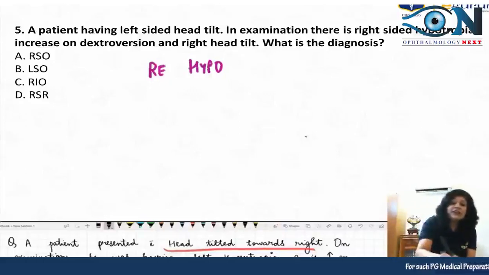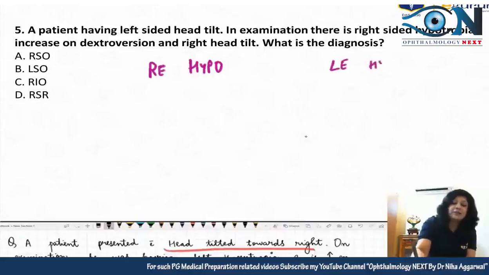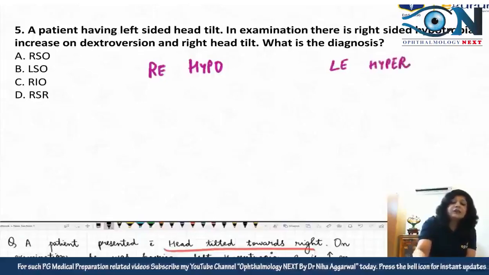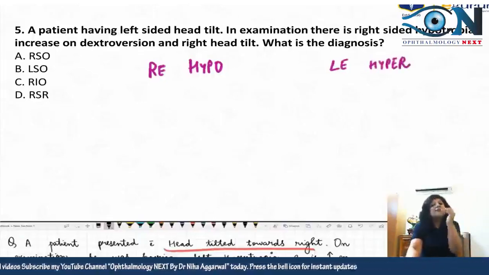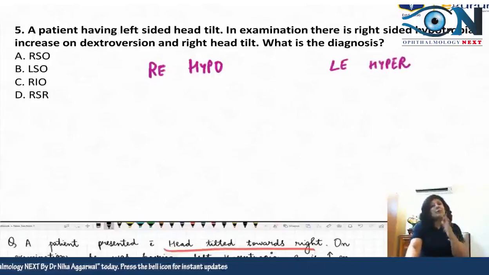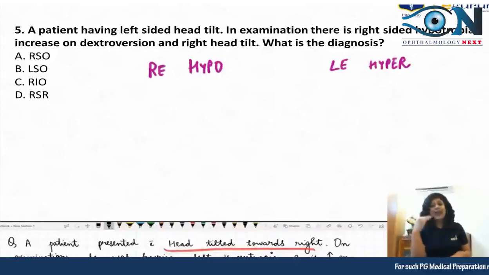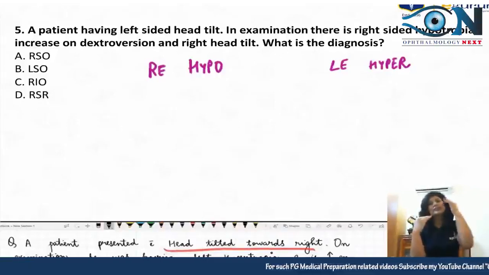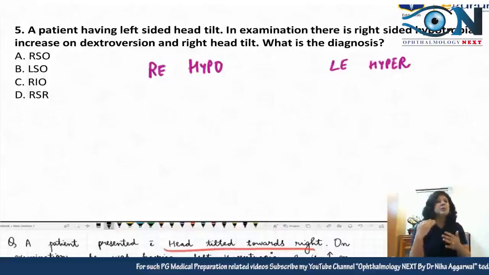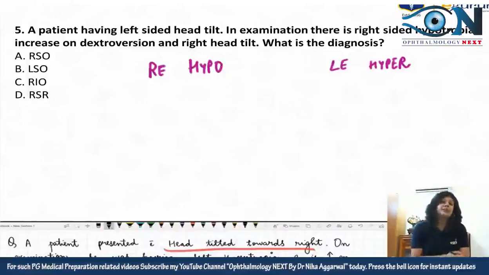Because even if we have the right eye hypotropia, I told you that we usually analyze and do the working on the patient with respect to hypertropia. So if I am getting right eye hypotropia, I will say that this is a left eye hypertropia. So let us see what are the muscles that can be involved.